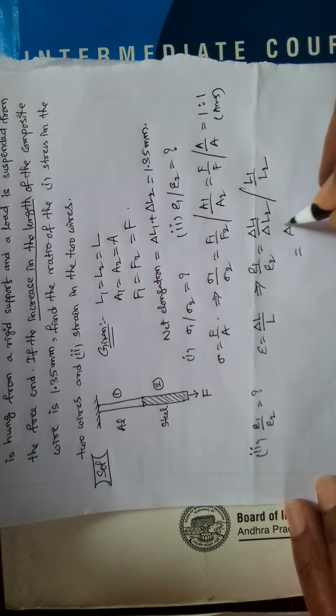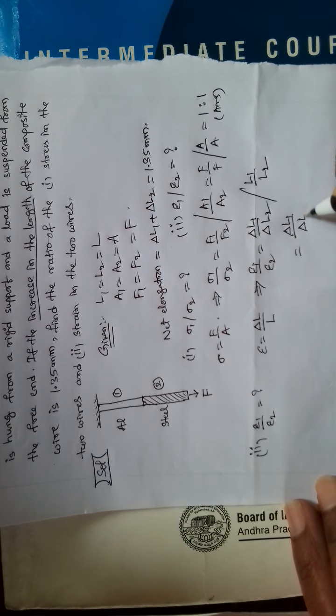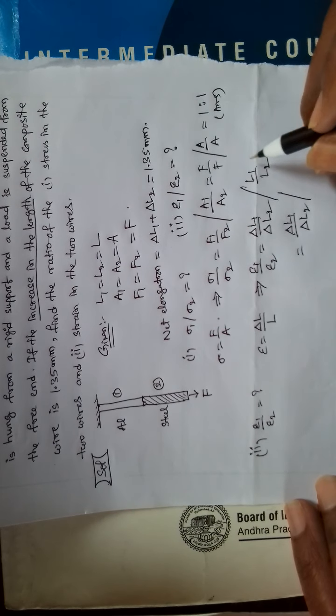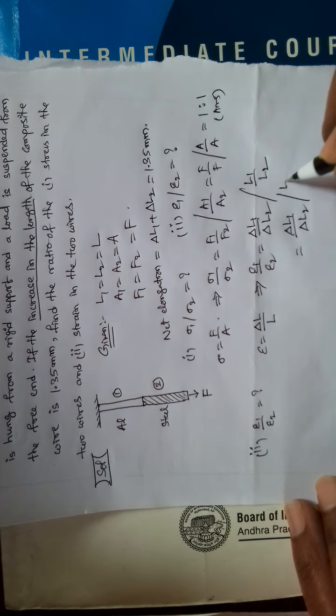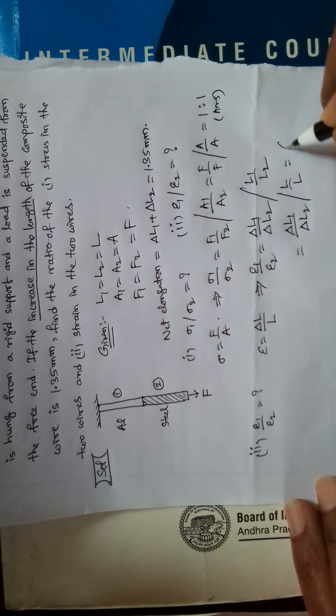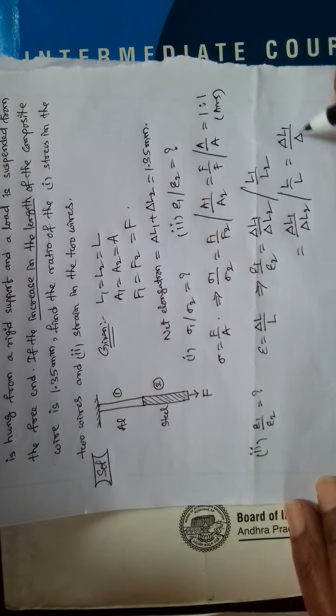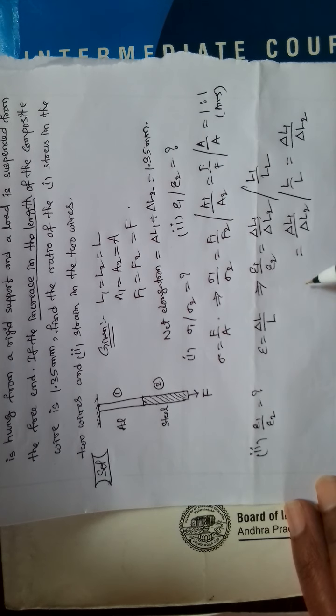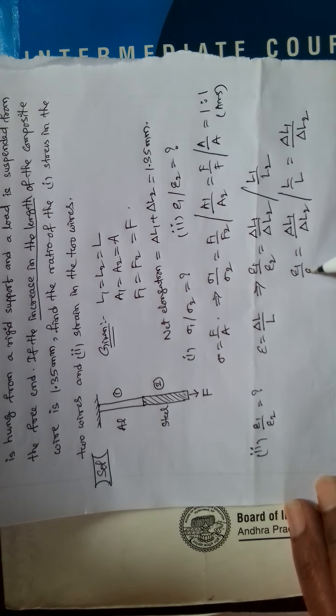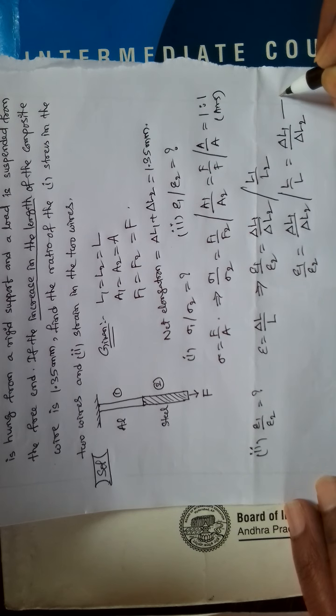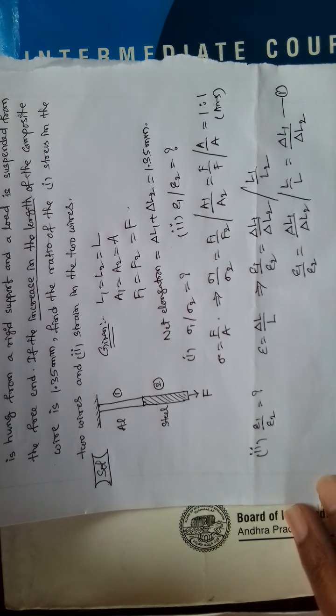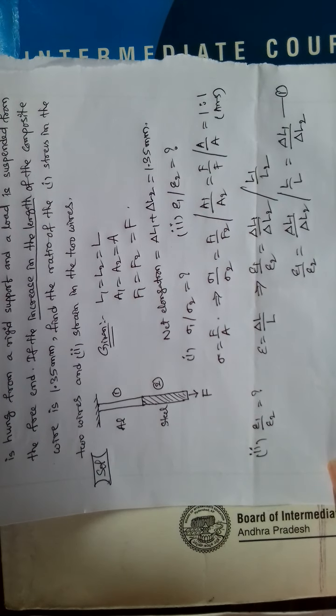Here delta L1 by delta L2, but they are having the same length. Therefore we have delta L1 by delta L2. So we got this relation. But the individual elongations are not given.